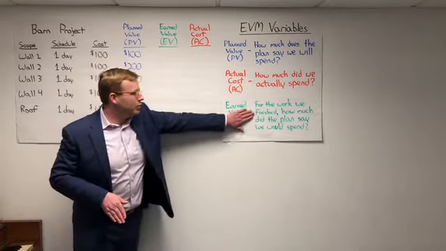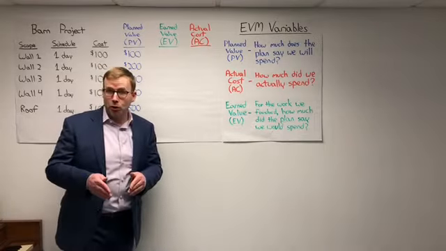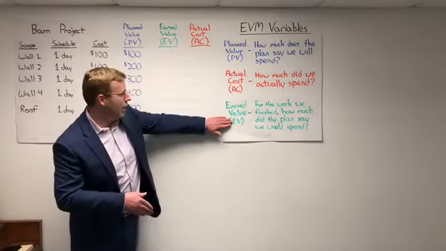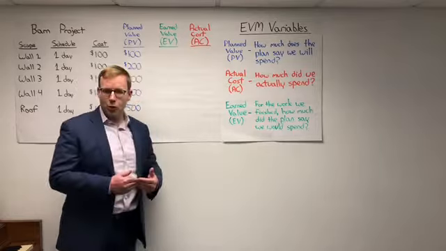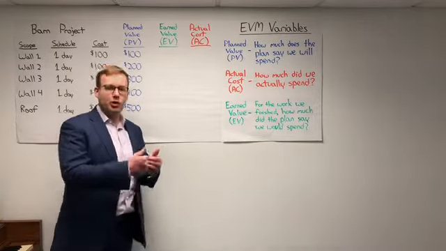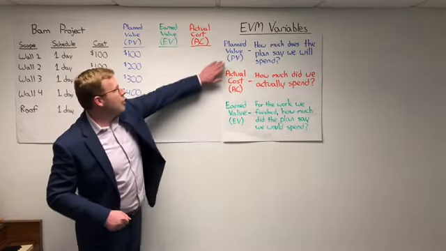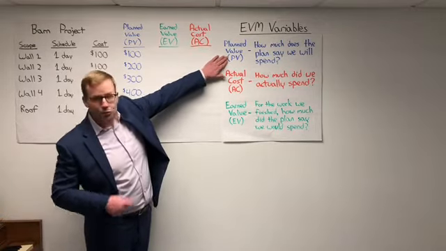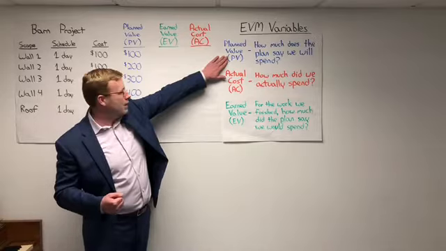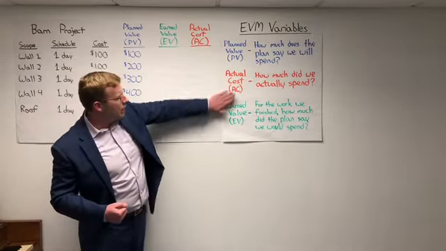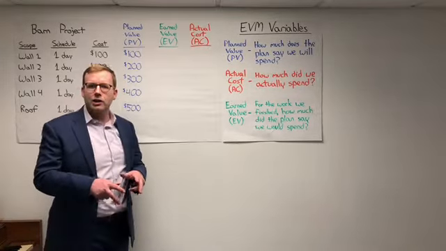For the work that we finished, how valuable was it to us? Earned value, right? How valuable was that work to us? How much was it worth to us? And that's where we see the difference between cost and value, right? The plan indicated a certain amount of value that work had for us. There's the amount we spent on it, but how much value did we actually earn, right?